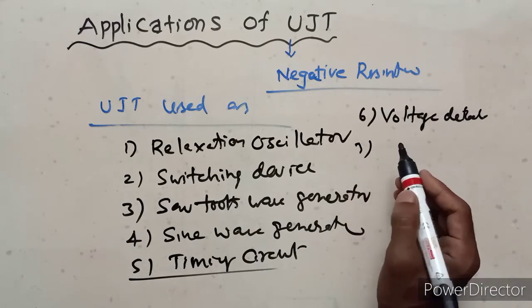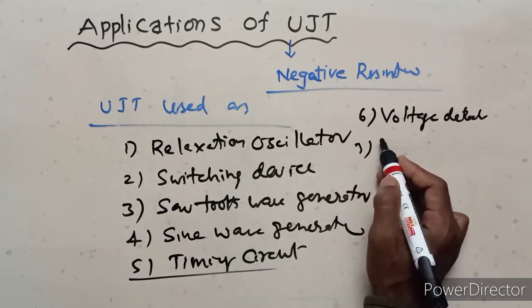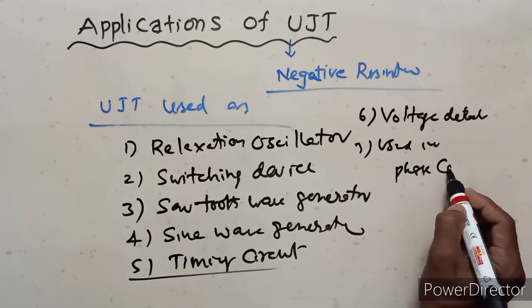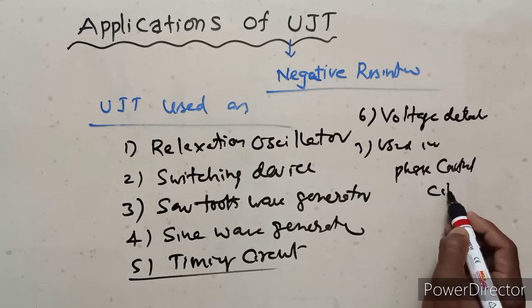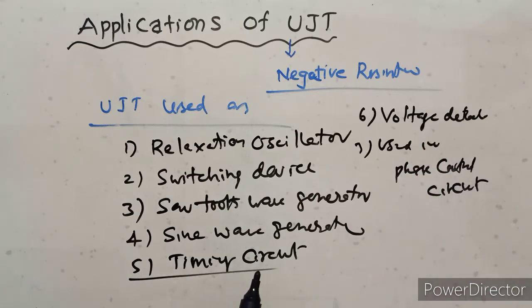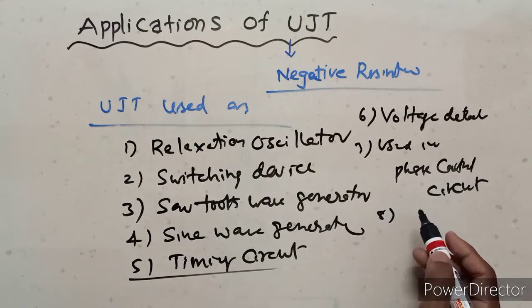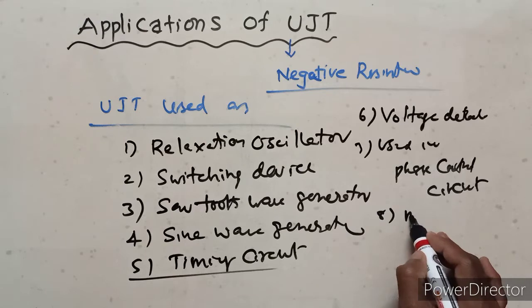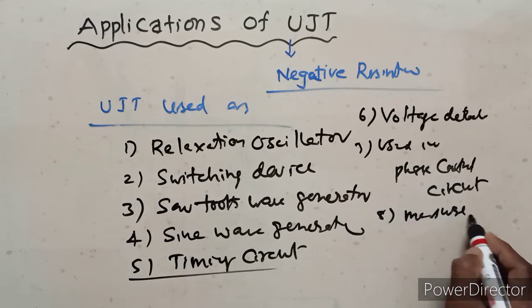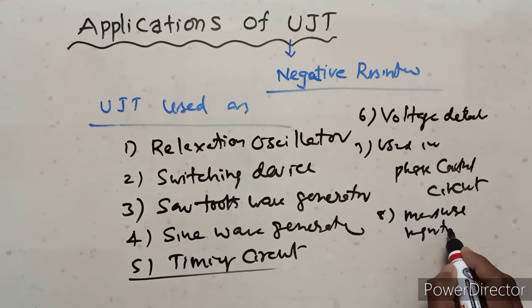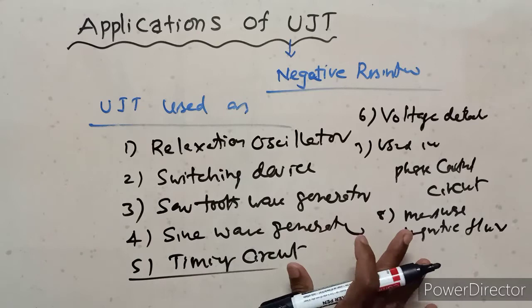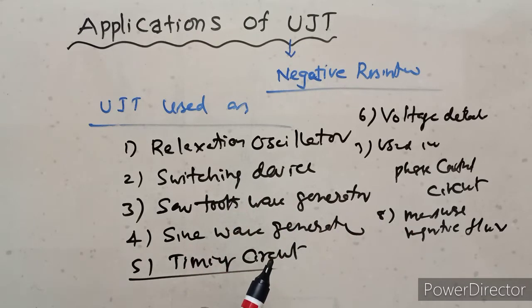Next application, the UJT is used in phase control circuits. Next application, the UJT is used to measure magnetic flux. These are all the applications of UJT.